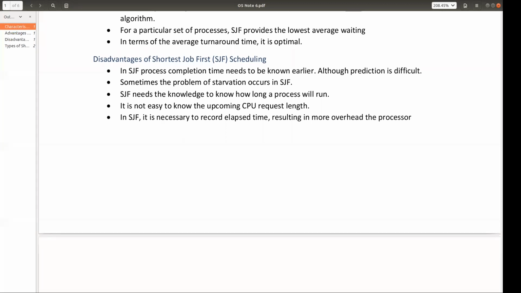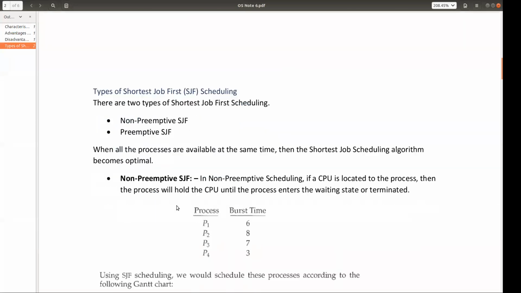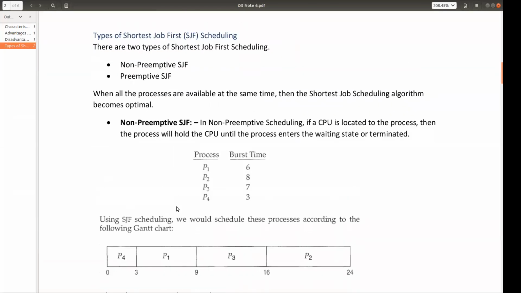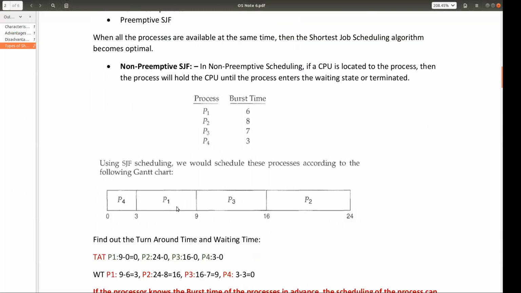So these are the disadvantages. The main disadvantage of the SJF algorithm is basically predicting the next CPU burst. To predict the next CPU burst is the main disadvantage of the shortest job first scheduling algorithm.